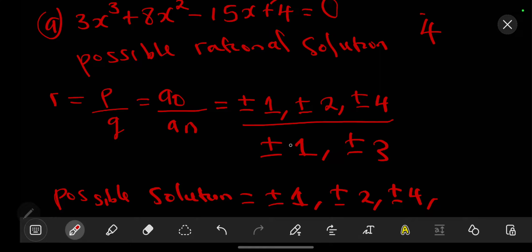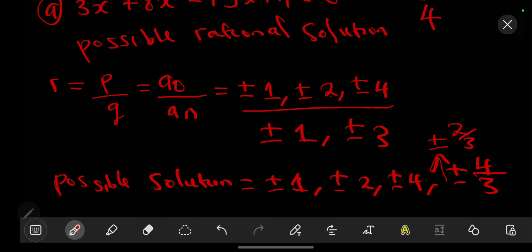Then combine them. 1 divided by 1 is still 1, 2 divided by 1 is still 2, and 4 over 1 is 4. Then we have plus or minus 4 over 3, and also plus or minus 2 divided by 3 is a possible value we can use. So these are our possible values.